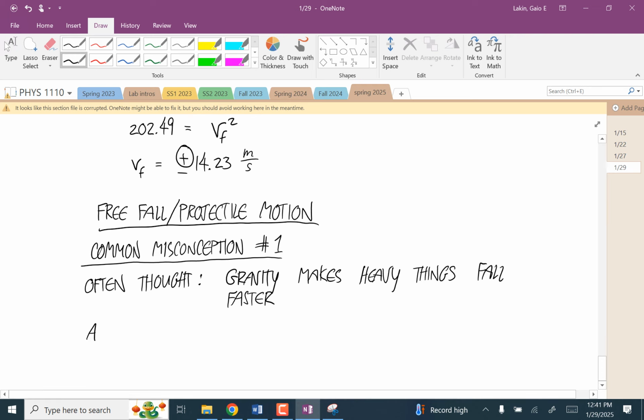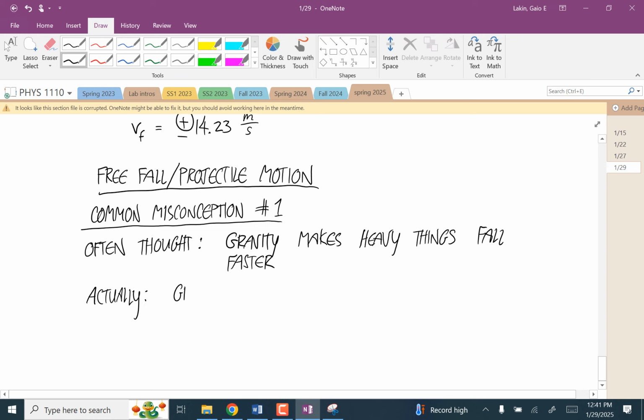Actually, though, gravity by itself makes all objects fall exactly the same.